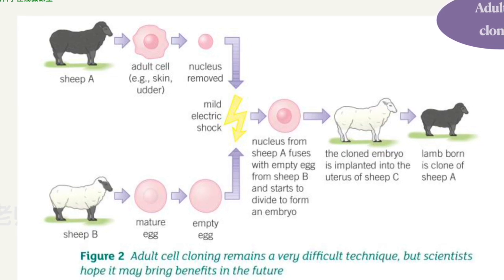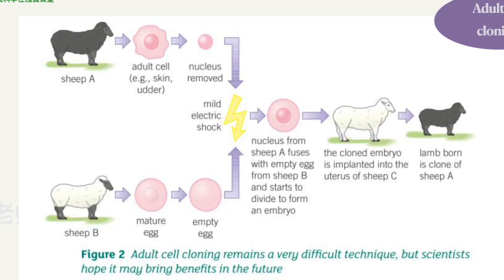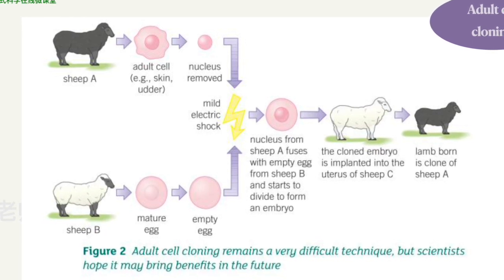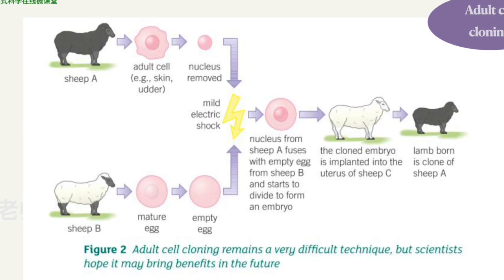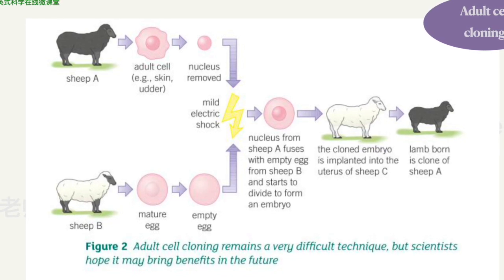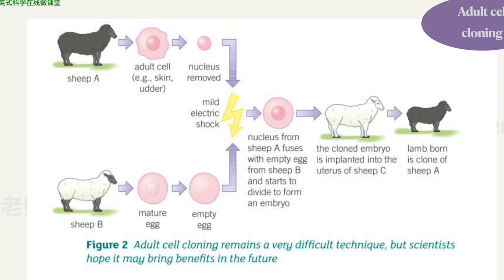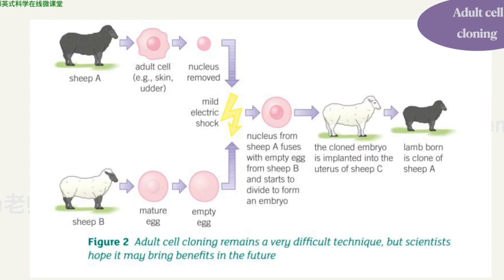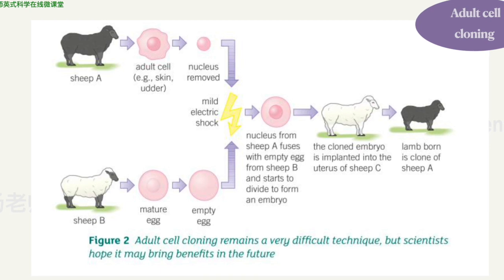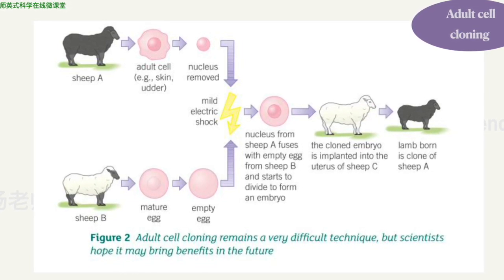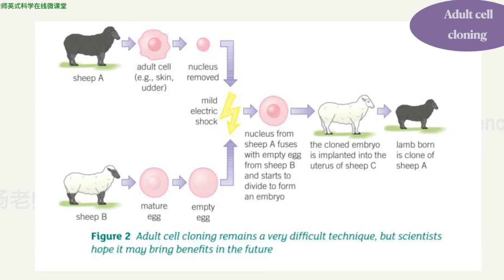And then we use some electric shock to make sure this cell is able to divide. Once the division starts to take place, it starts to divide into a ball of cells that we call an embryo. Now, this embryo is a ball of stem cells, potentially going to grow into different types of differentiated cells and grow into a fetus.